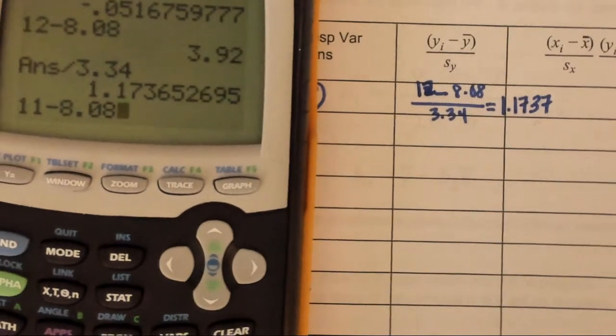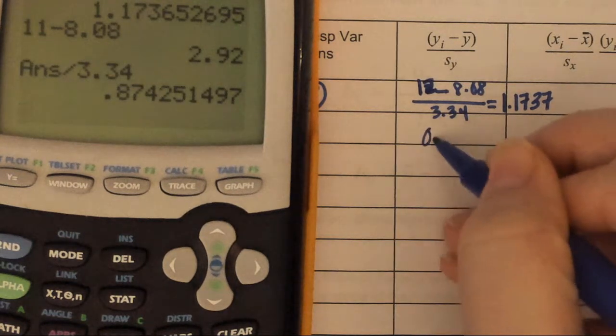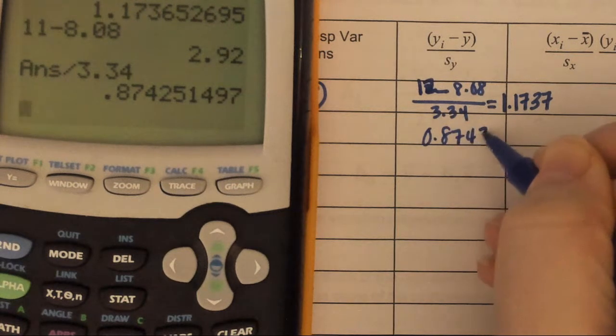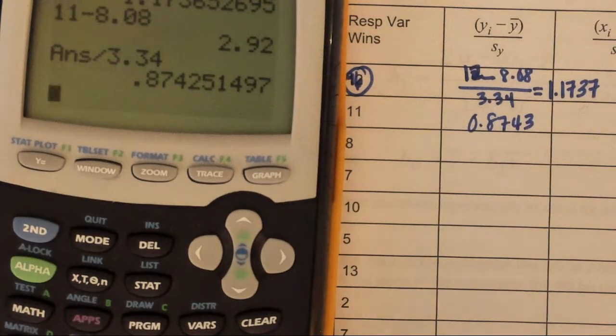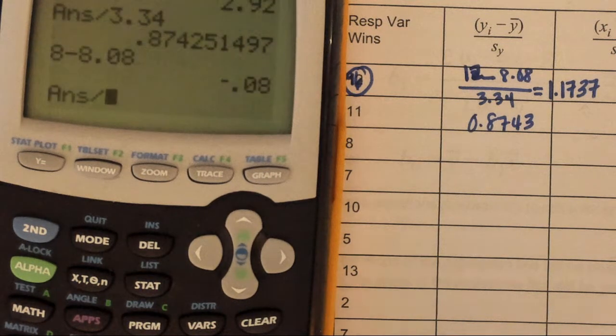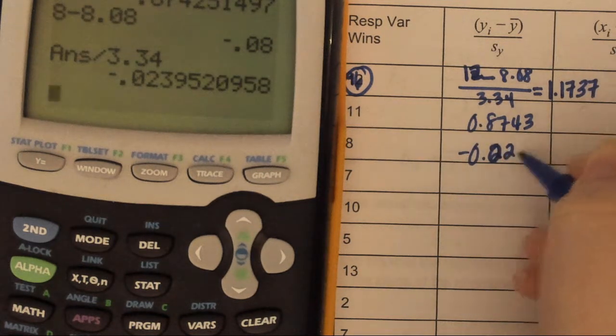Possibly slightly. 11 minus 8.08 divided by 3.34. I get 0.8743. 8 minus 8.08 divided by 3.34. I get negative 0.2023.